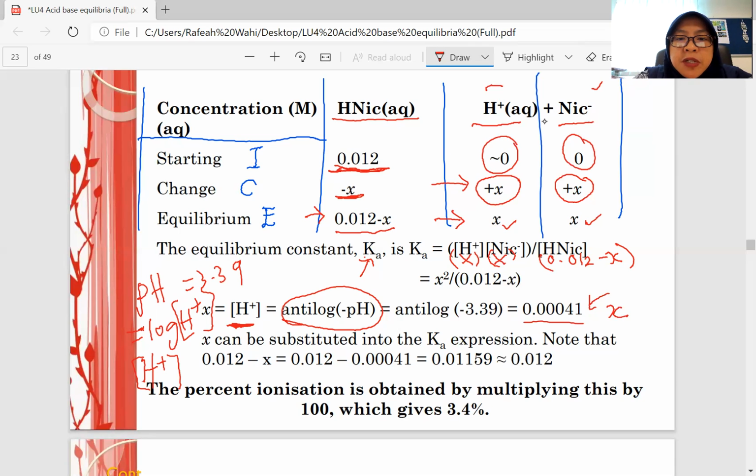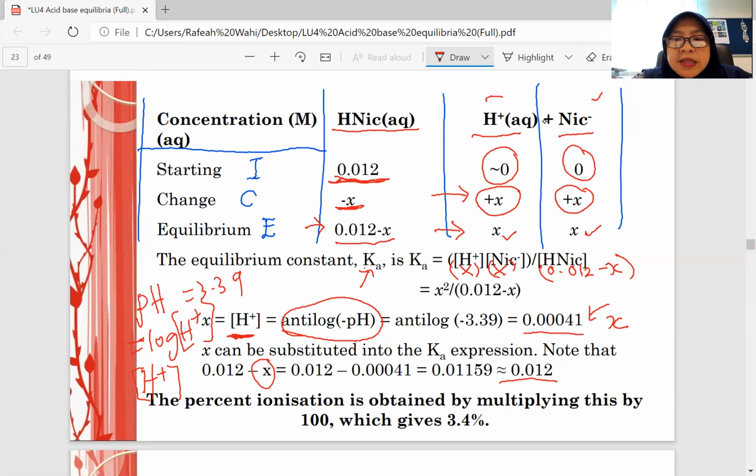What is the Ka expression just now? Ka is equal to x squared divided by 0.012 minus x. Just substitute x into the Ka expression. What is x? x is the concentration of H plus ion.